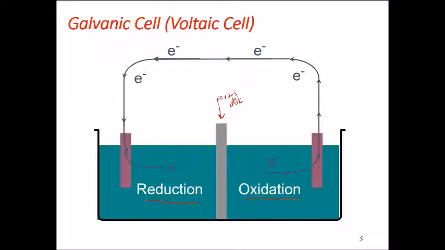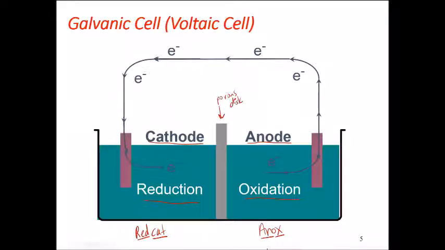But the important things to label here are the anode and the cathode. The oxidation side of the reaction is called the anode, an important piece of information here, and the cathode is the reduction side. Now there's an easy way to remember this. We say an ox and we say red cat. So reduction takes place in the cathode, oxidation takes place in the anode.